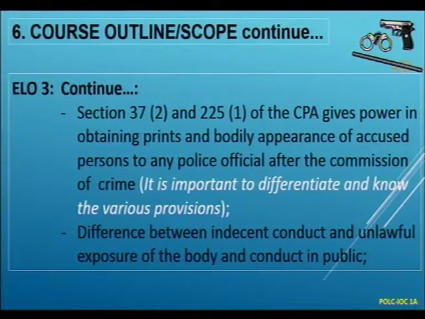And Section 37 of the CPA gives any police official powers to obtain prints and the bodily appearance of an accused after the commission of a crime. It is important to differentiate and know the various provisions. For example, if someone has been arrested, there's usually a procedure where you need to give fingerprints. If you do not give the fingerprints, there may be an application according to Section 37 to forcefully obtain those fingerprints. So it's important for you to differentiate and know the various provisions.